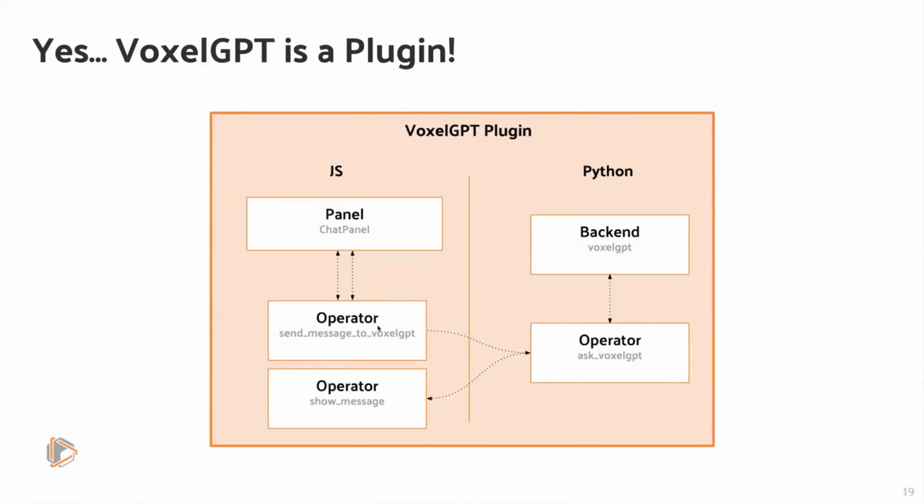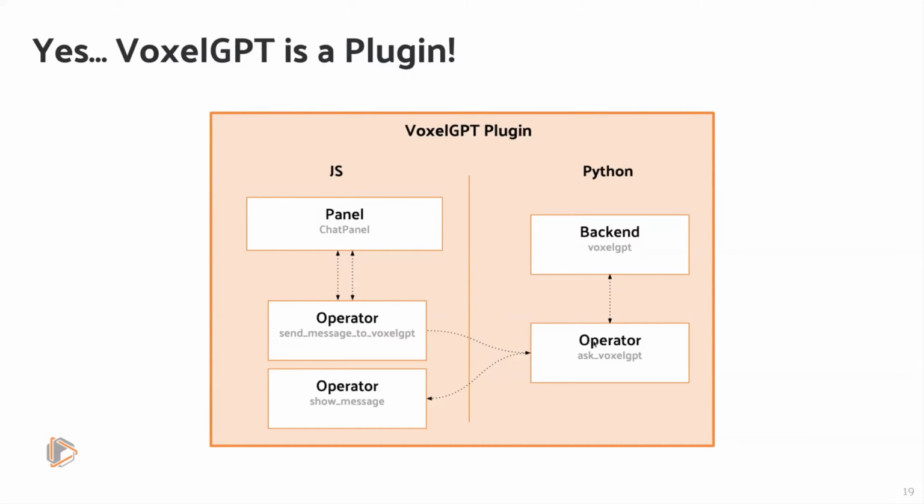And then there's a set of operators that do the underlying functionality. First, the panel accepts user input. And then when that user input has been received, the panel triggers an operator to send a message to the backend. The backend is implemented, surprise, surprise, as an operator.